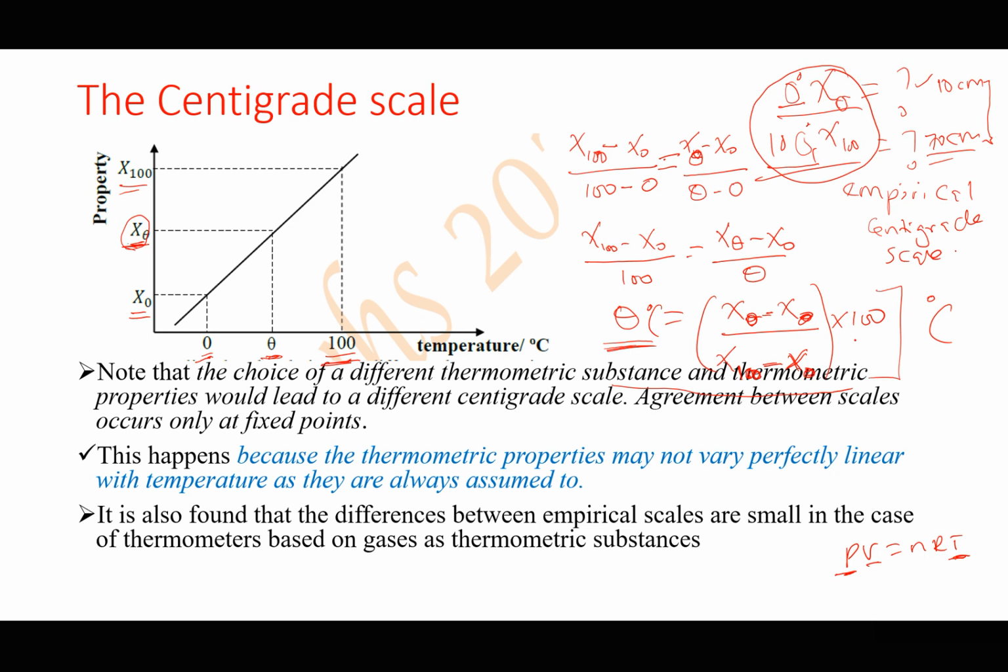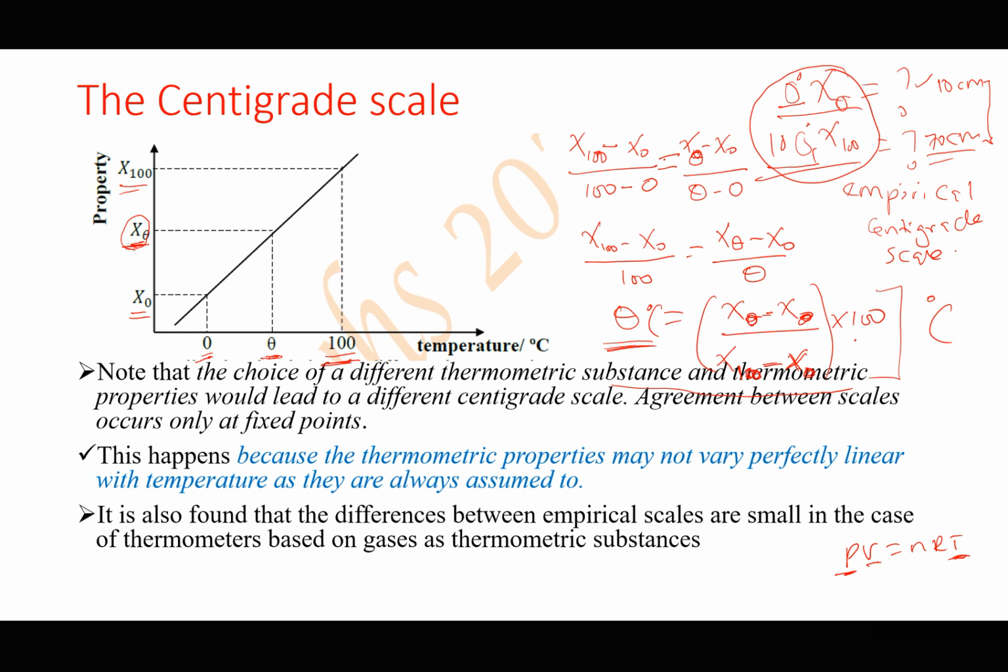But we have said two thermometers or two temperature scales may not agree, especially if they are on a centigrade scale. The reason they may not agree is because we always assume that the thermometric properties vary linearly, but they may not actually vary linearly as we have assumed.